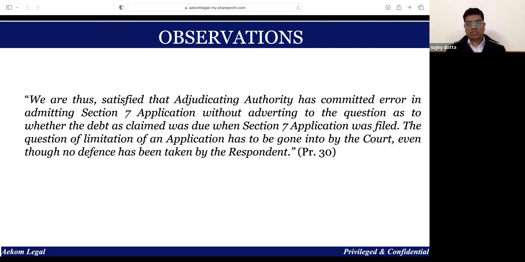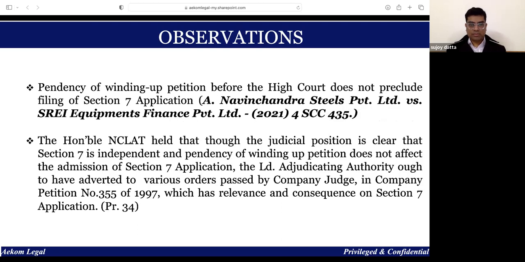The question of limitation of an application has to be gone into by the court even though no defense has been taken by the respondent. And on that ground, the appeal was allowed.